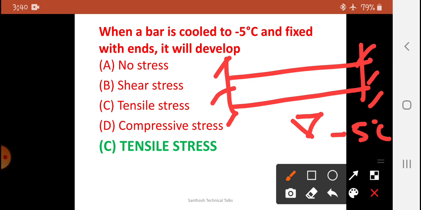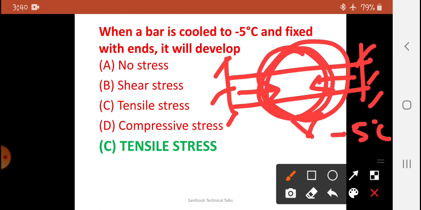When we cool the material, it will contract. Therefore the material will try to contract, but the fixed ends will not allow the material to contract. Therefore tensile stress is created within the material.